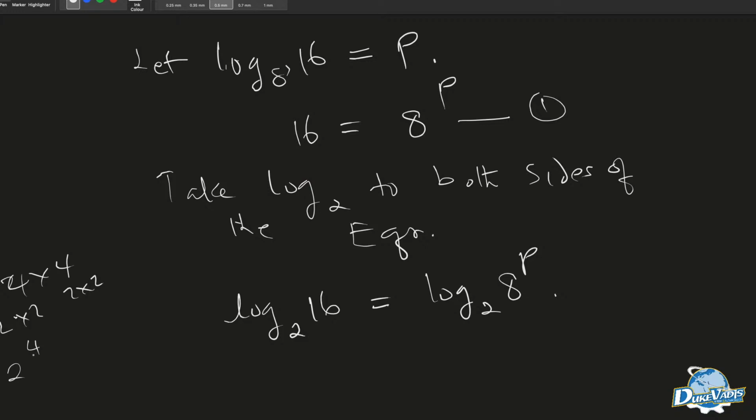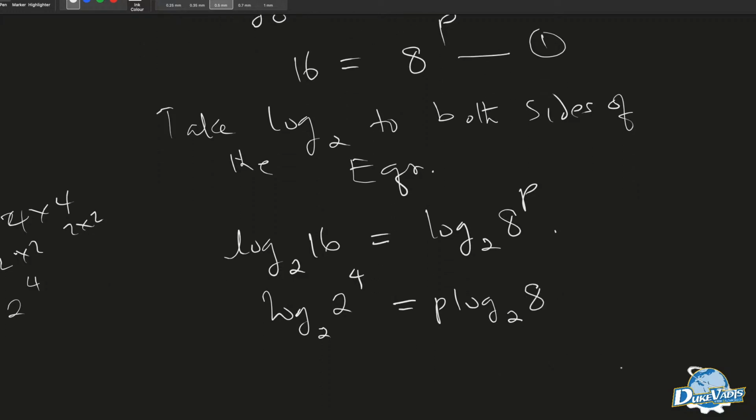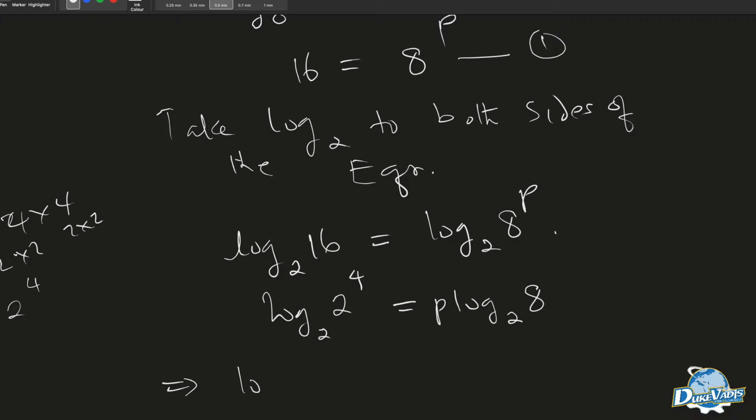So log of 2 raised to the power 4 is equal to p log of 8, and we can further break the 8: 2 raised to the power 4 is equal to p log of 2 raised to the power 3.